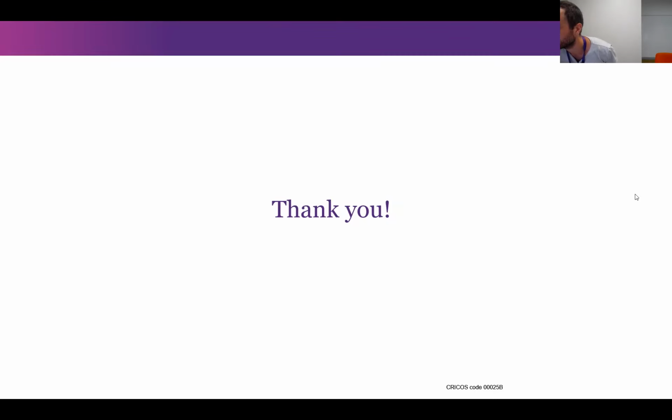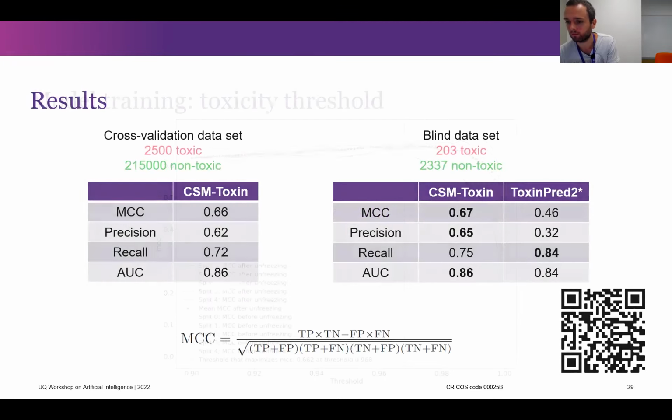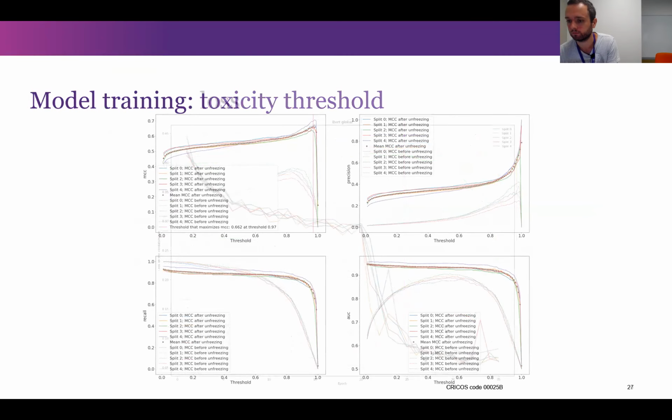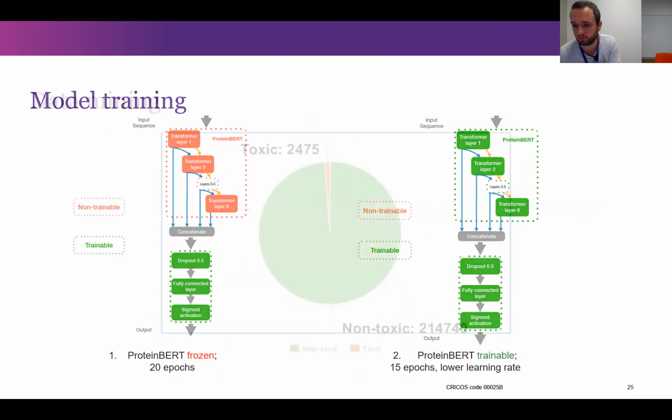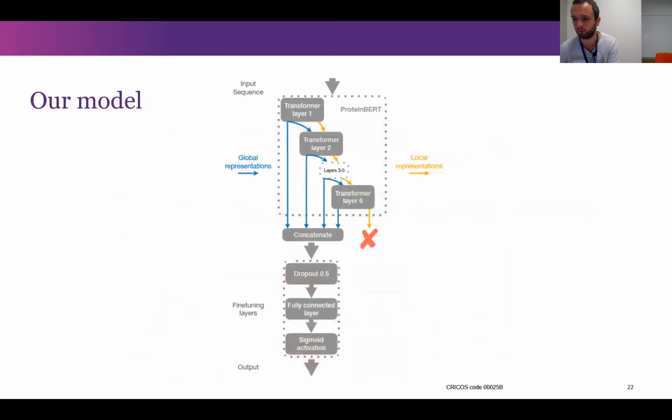Oh, there's a question in chat. So what do I mean by concatenate and dropout? Let me get back to this slide. Yeah, here it is. By concatenate, I mean literally, each of the transformer layers outputs a vector of about 768 numbers.